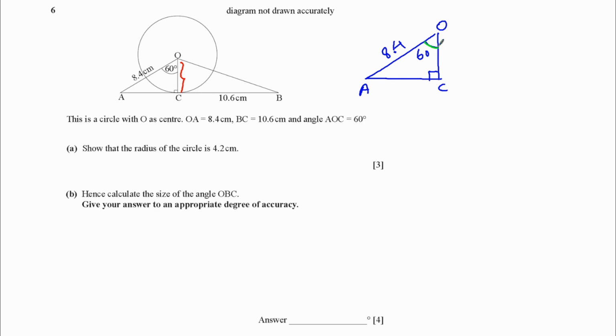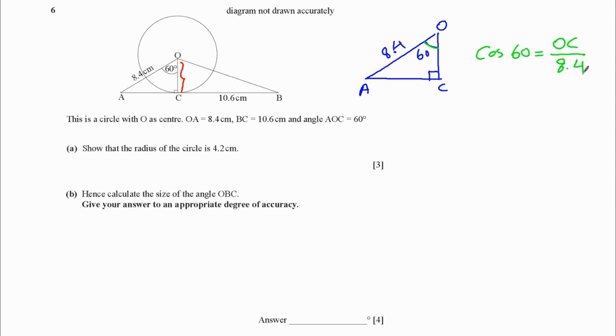So we know that the only trigonometry element that includes adjacent and hypotenuse in its definition is cos. So cos of 60 equals adjacent over hypotenuse, which is OC divided by 8.4.